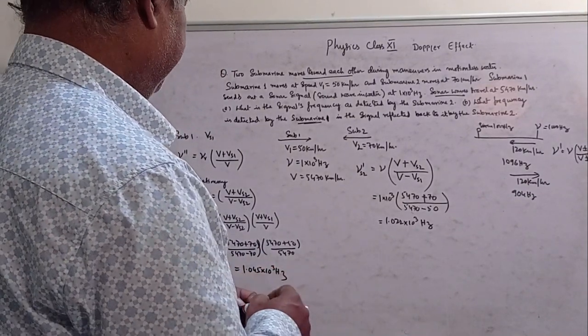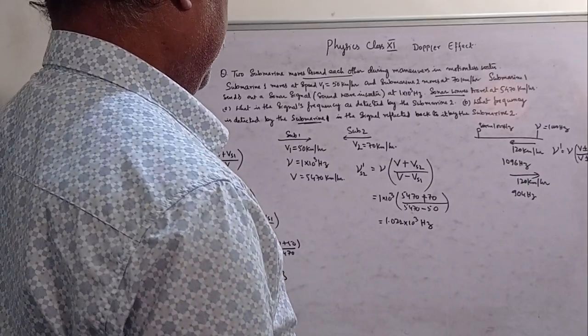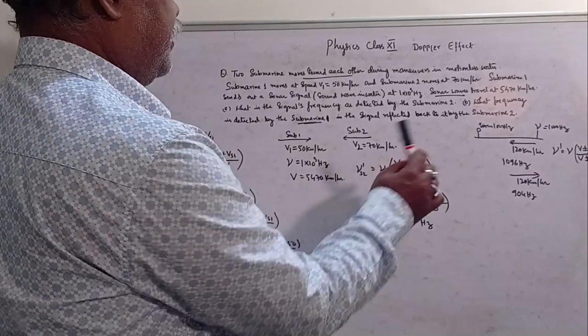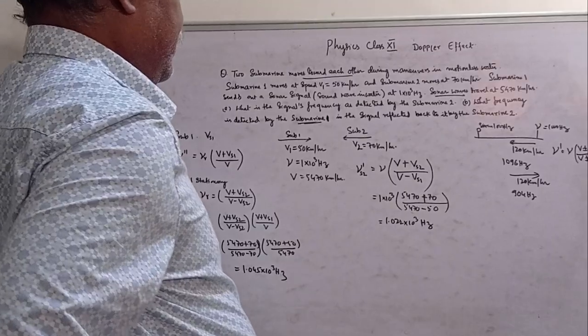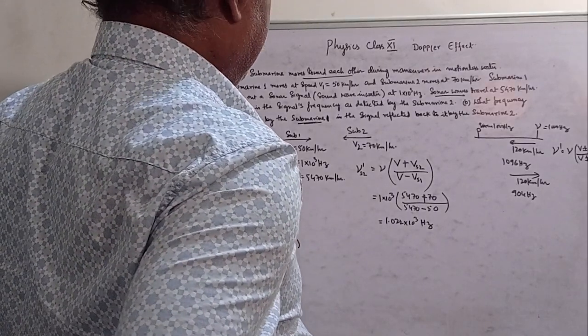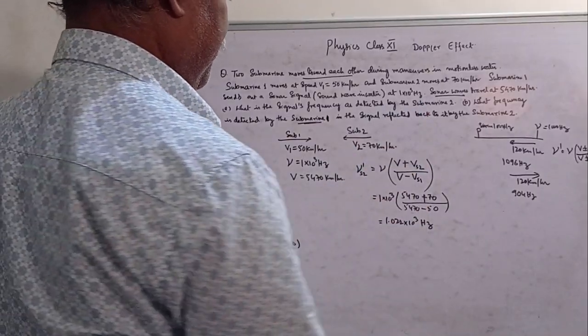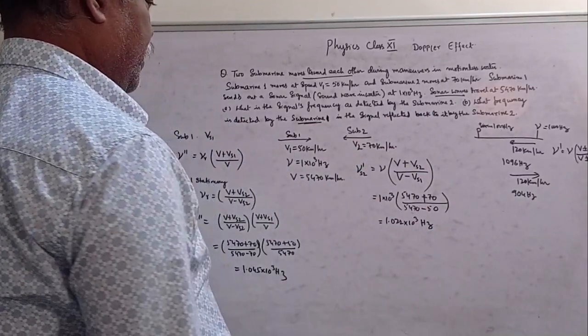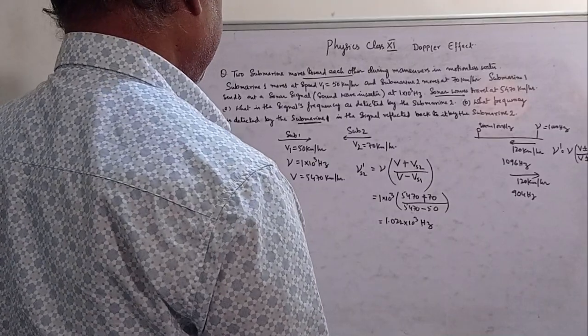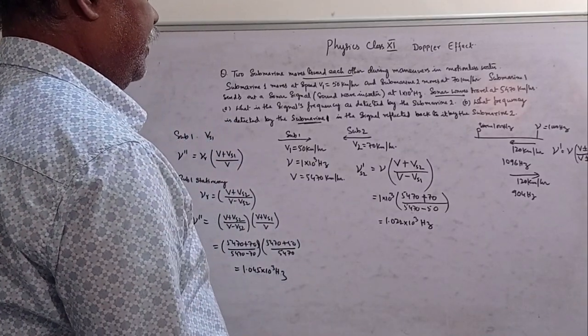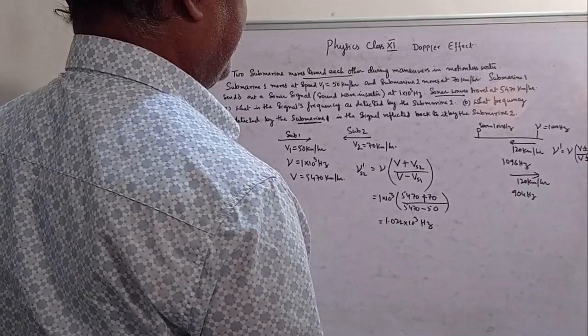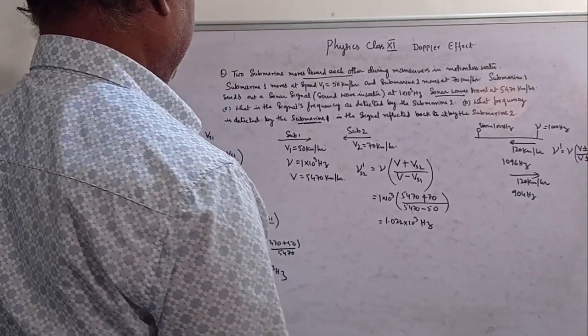Again I am telling you, the first part is easy. The first question is: what is the signal frequency as detected by submarine 2? This is very easy, normal. But in the second part, what frequency is detected by submarine 1 in the signal reflected back to it by submarine 2?